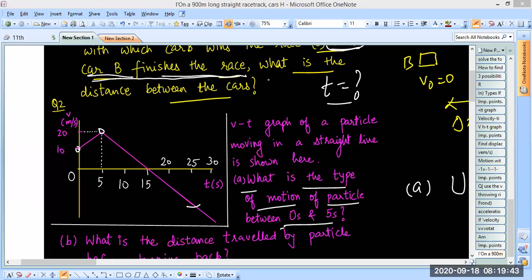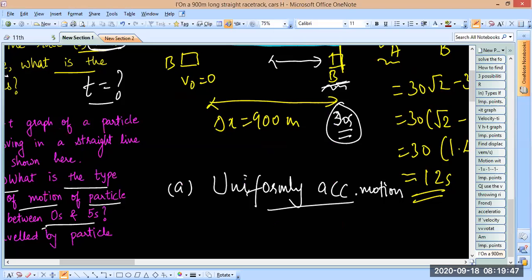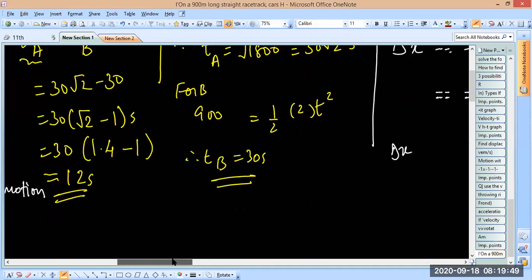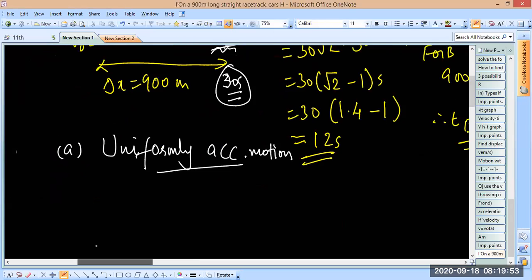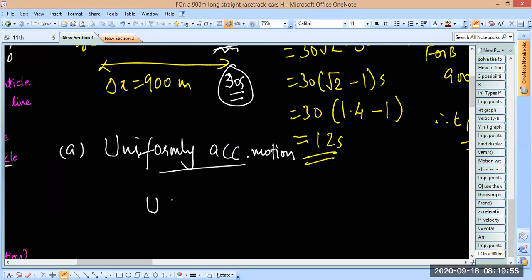See, everyone, I want this to be very clear in your mind. Listen to this carefully. Many of you are still making some mistake with it. Uniform motion means only this. There is no other option.